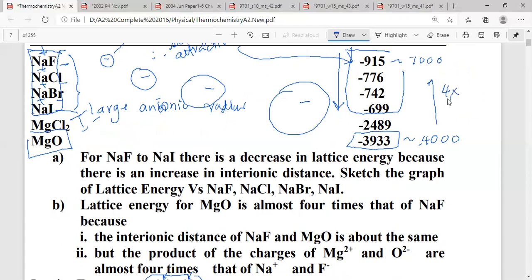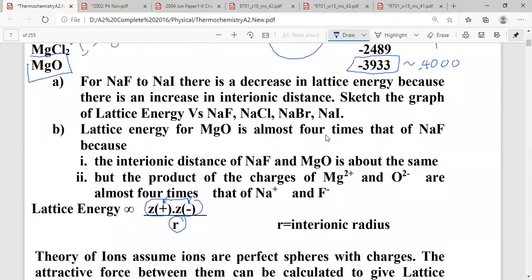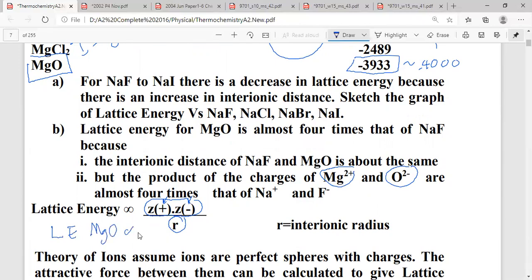Very simple to explain. Now, the charges, MgO here. Mg is 2 plus, O is minus 2. So you put lattice energy for MgO proportional to +2 times -2. Now the interionic radius is about the same.